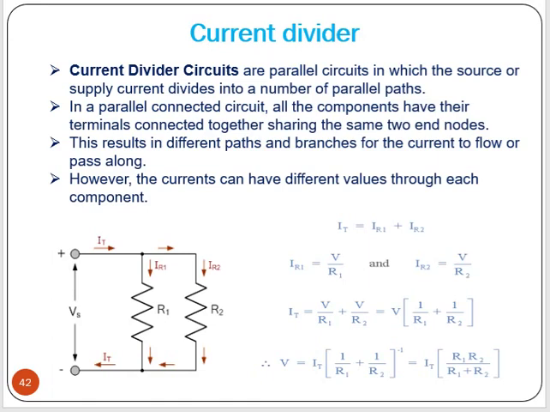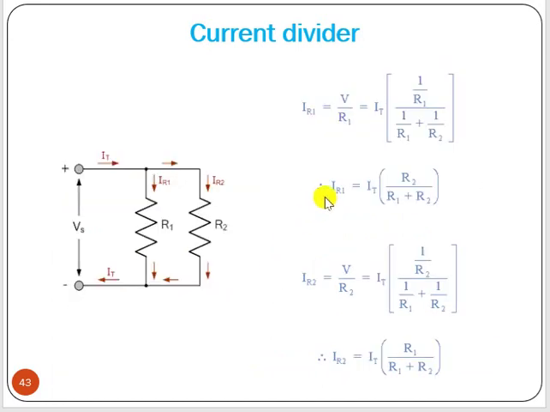Okay. Now current divider. Current divider means always in parallel. The formula is total current into other branch resistance divided by total branch resistance. This is applicable for two branches.